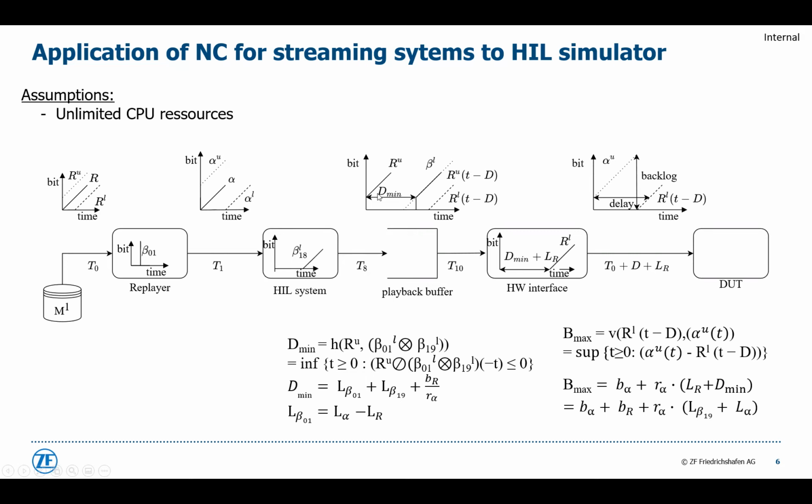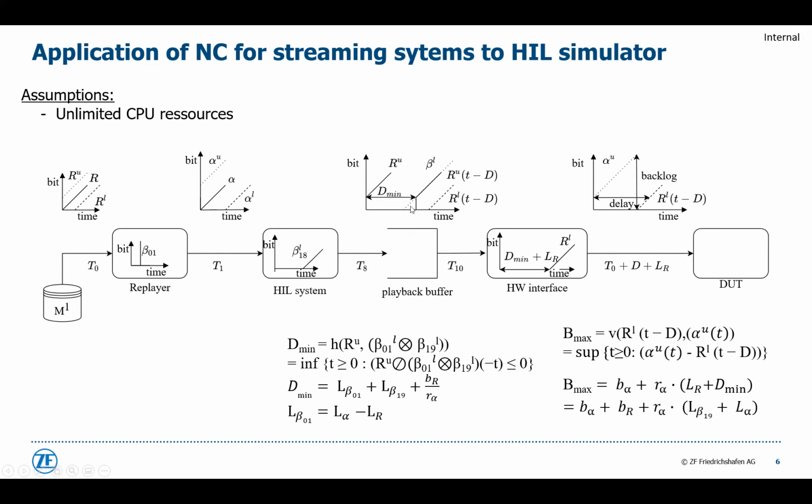And now the minimum needed delay or maximum delay in the system is between the upper input curve, or U here, and the overall system service curve.